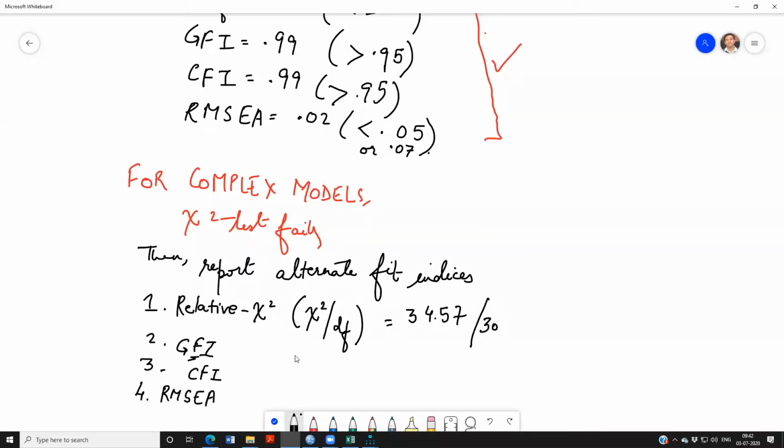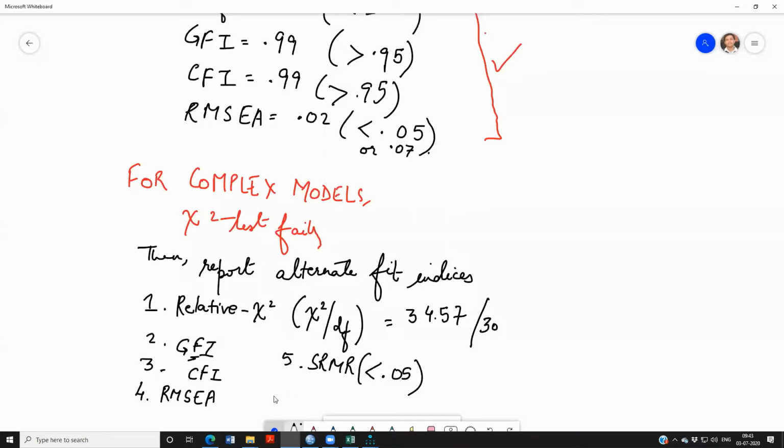Some people also report SRMR. SRMR behaves similar to RMSEA, and the test for SRMR is also less than 0.05. At least you should report these four major alternate fit indices to show that your model is fitting well with the data.